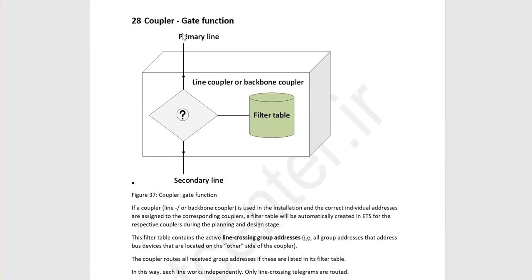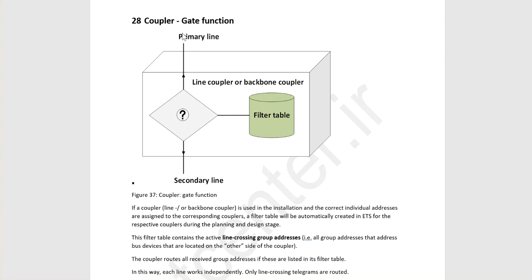Okay, the next part is going to define for you what the line coupler, backbone coupler or IP router do for the project, or in the system. They apply the filter table. And what is the filter table? We should be able to control the traffic of the data. Remember that in the previous chapter I mentioned that when some bus device wants to send a packet of data or telegram, all of the bus devices are listening.